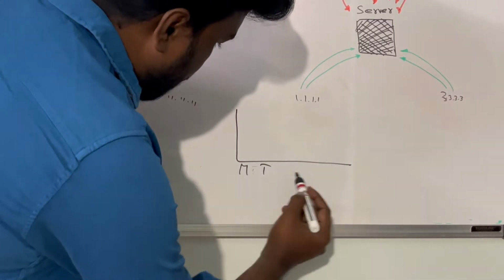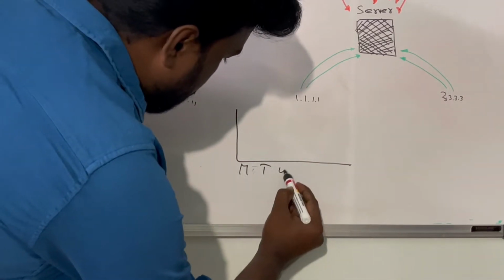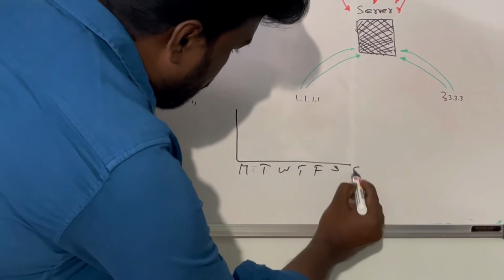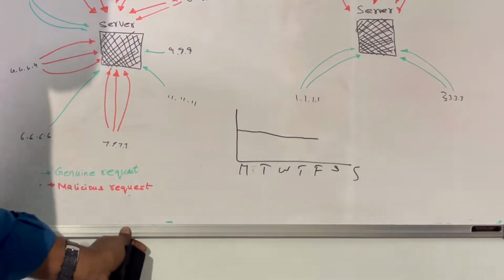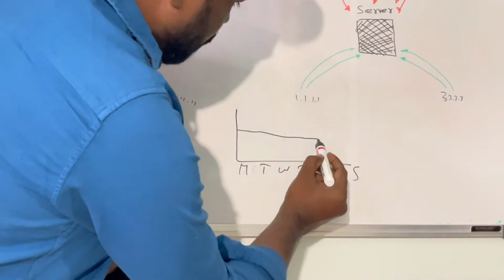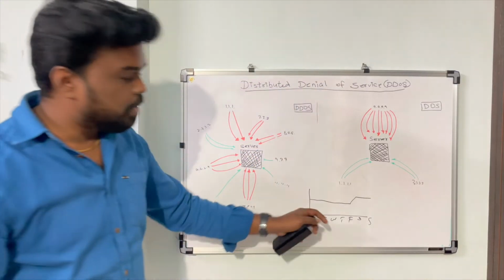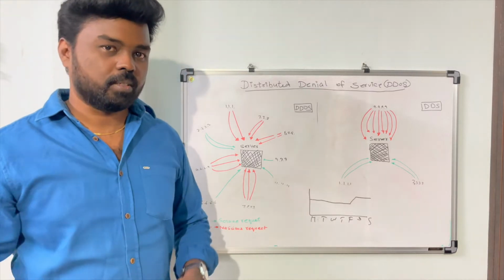Say we have a graph with the x-axis as the weekdays. You might have regular traffic during the weekdays and slightly larger traffic during the weekends. So this might be the regular traffic pattern of your e-commerce application.